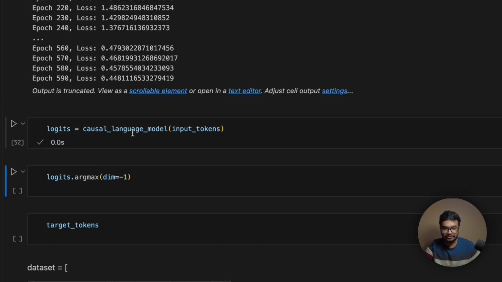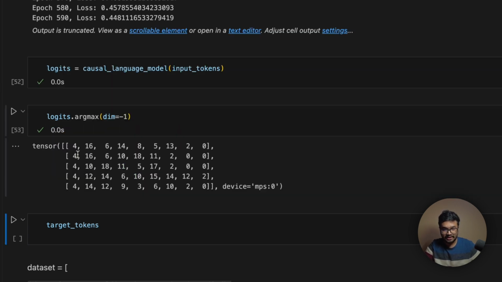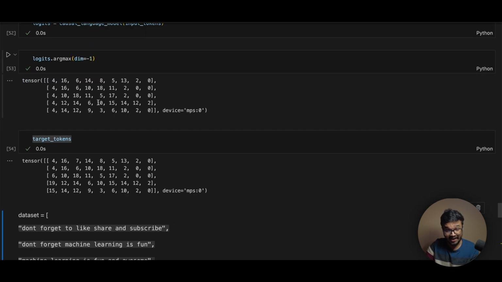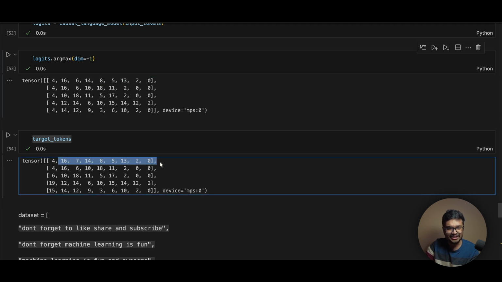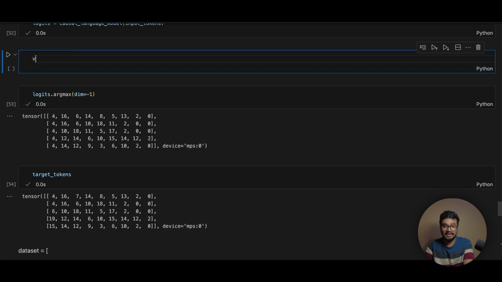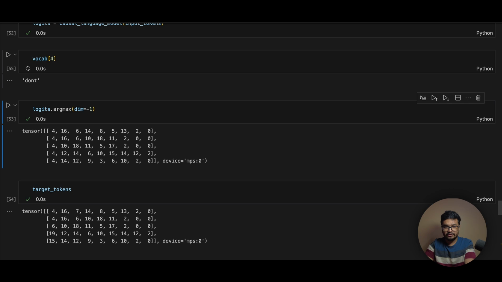And finally, after training the model, if we showed what the logits are, and we did an argmax, meaning we are finding the most probable values, we see that it's beginning to look very similar to our target sequence. Now obviously our model always predicts the first token as 4, which I think, if I remember correctly, is don't.